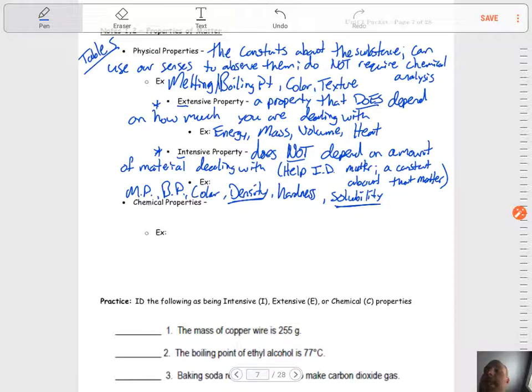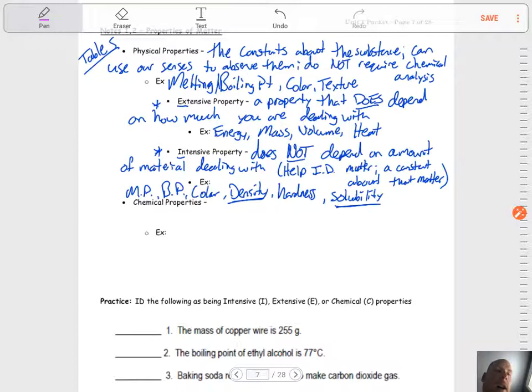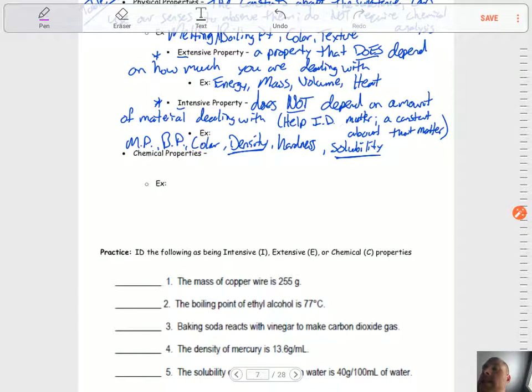Then we have chemical properties. I'm going to change up colors here so you can see it more clearly. I'll go with purple. Chemical properties are things I think of scientists doing or looking at, that take a little more in-depth or intense testing.